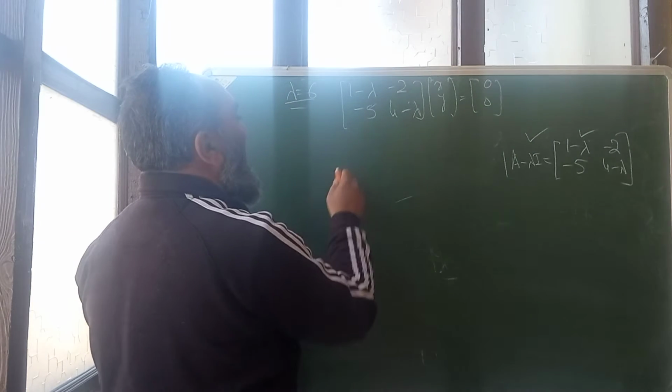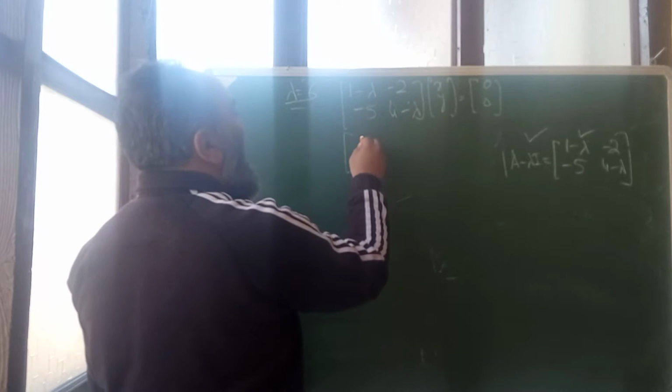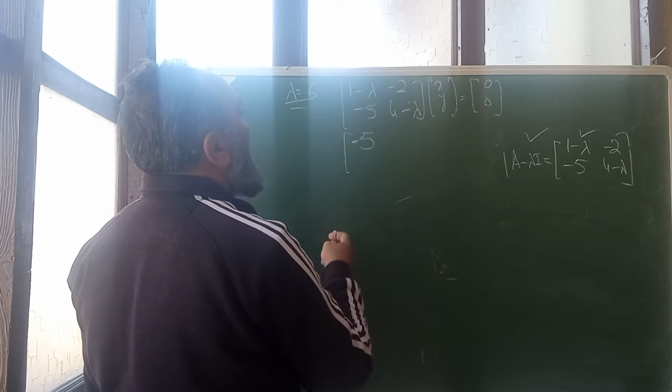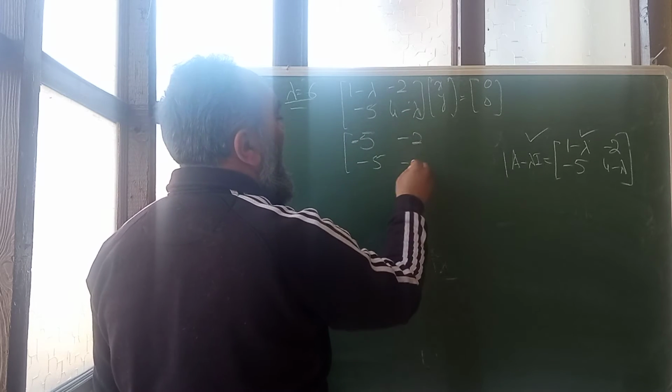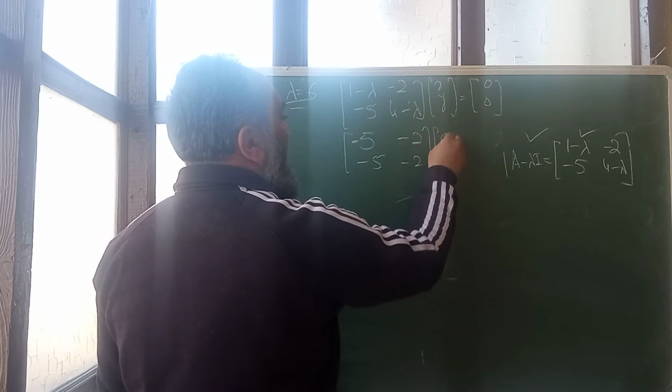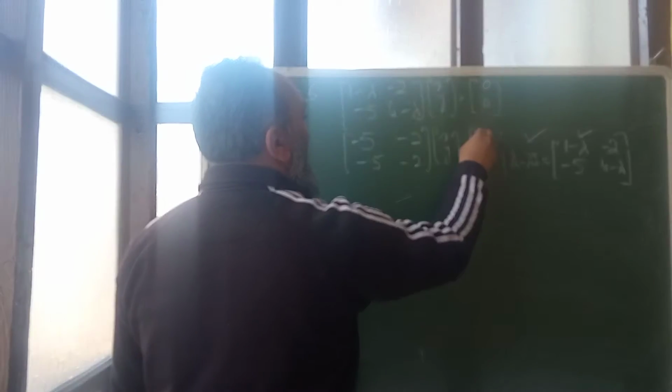Now lambda is 6, so 1 minus 6 is -5, -2, -5, 4 minus 6 is -2, times [x y] equals [0 0].